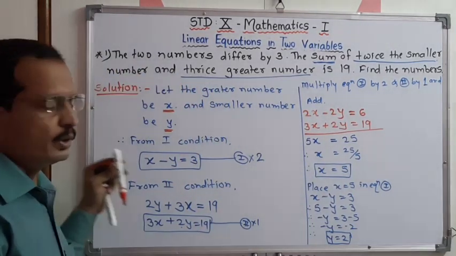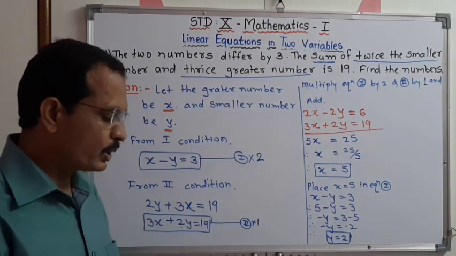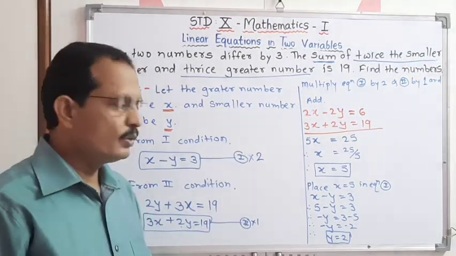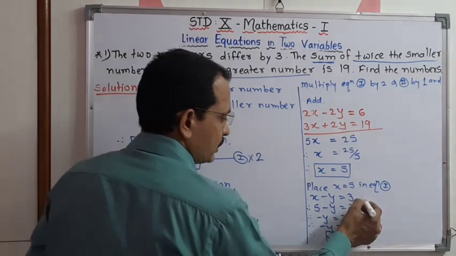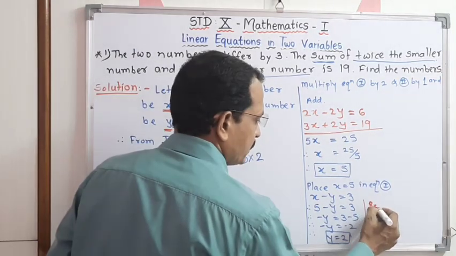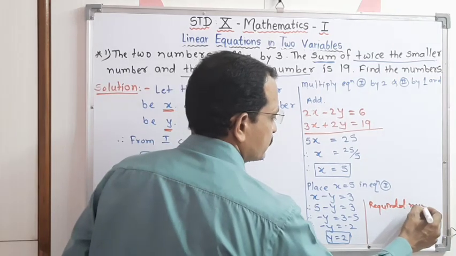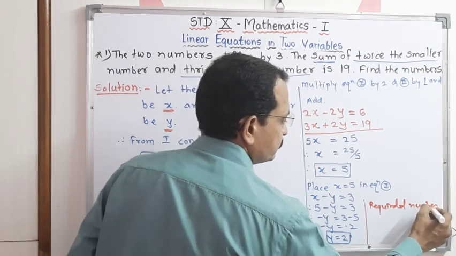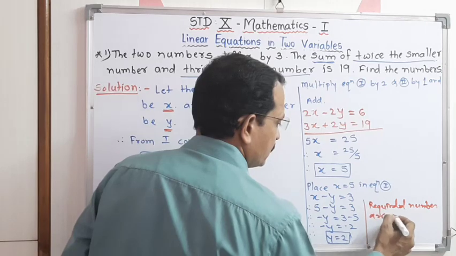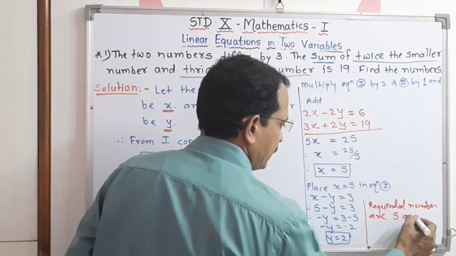Now this is our answer, but we have to write the final answer. For that purpose, required numbers are 5 and 2.